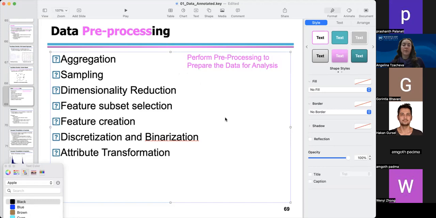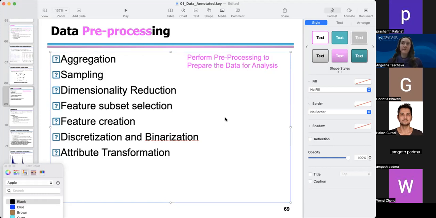So these are several important things that need to be done before we start the analysis. And really, pre-processing is a very important step, and it takes a lot of our time and effort for the data analysis task.